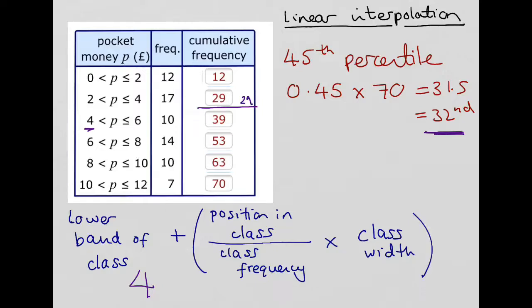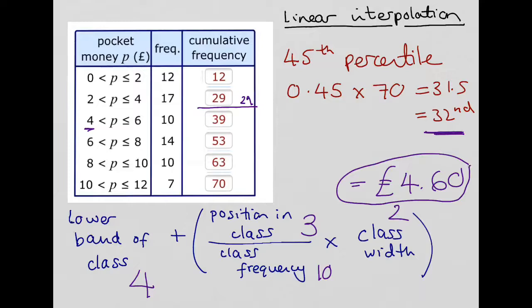So the 32nd person is 3 into that group. There's still 10 in there, and the class width is still 2. So this time I'm looking at the person who's 3 into that group. 3 divided by 10 times by 2 plus 4 gives you a 45th percentile of 4.60. So you can do it for any of them.